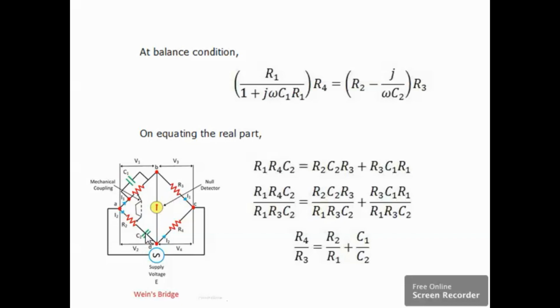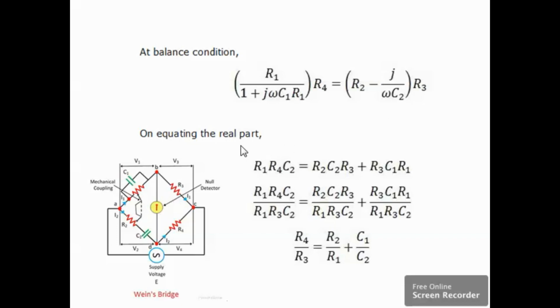Here the resistance and capacitance are connected in series, so the expression for impedance becomes R2 minus j by omega C2, multiplied by Z3. Z3 is the third arm impedance. It is a single resistance R3.